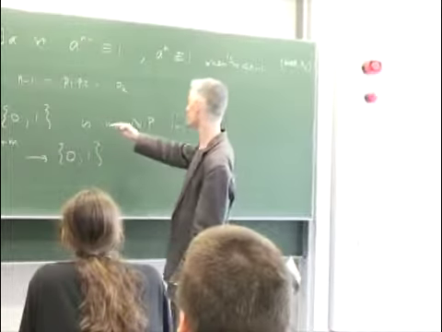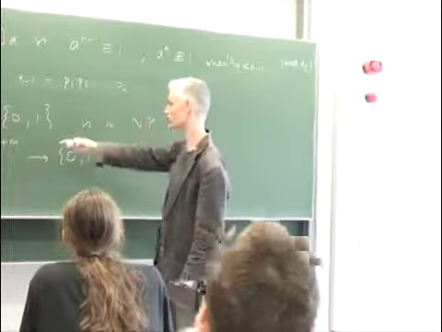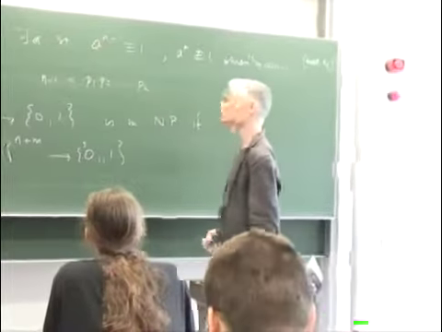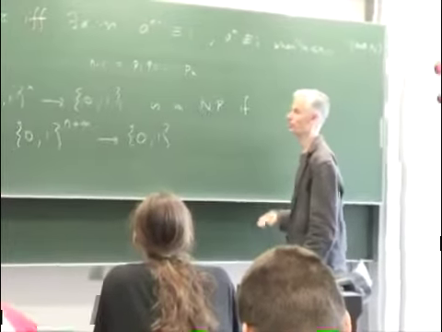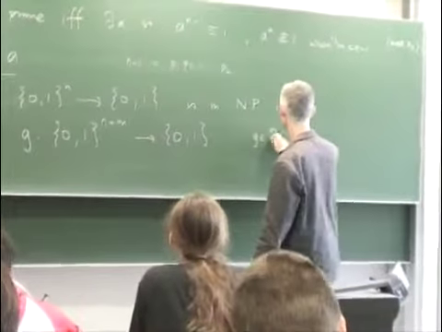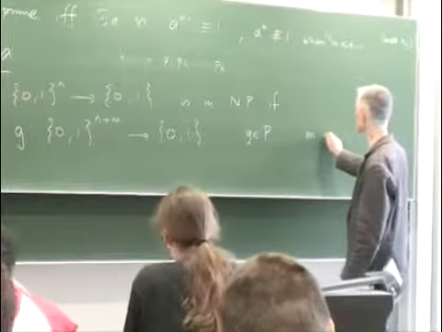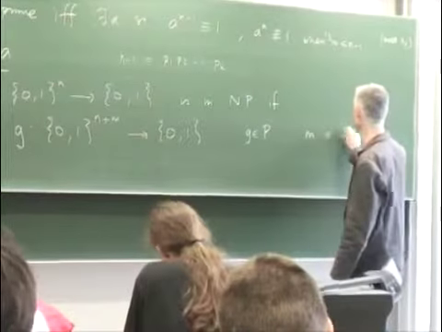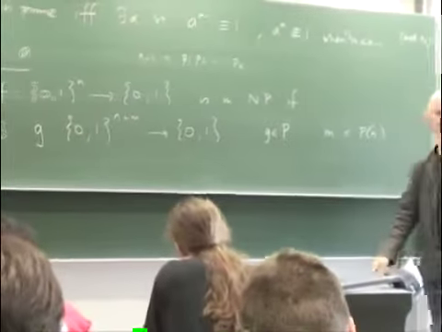So going back to this, a function f is in NP if you can find a function g, another Boolean function, such that g belongs to P, and also this number m, this mysterious number m, is bounded by some polynomial in n.